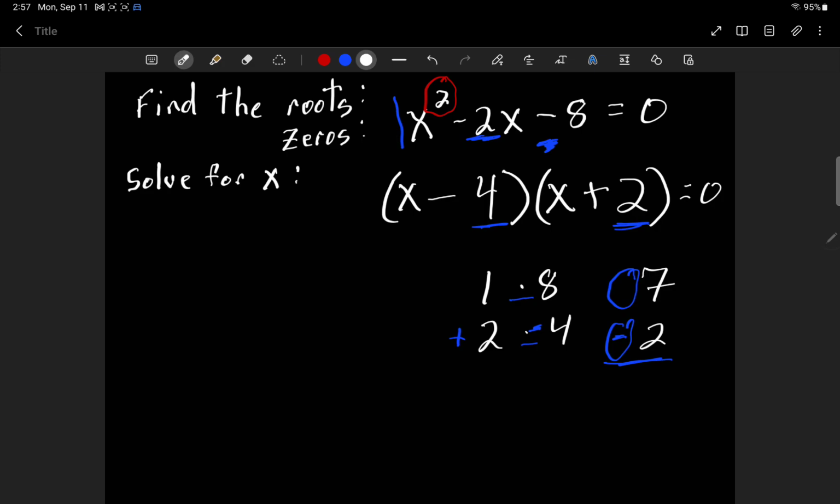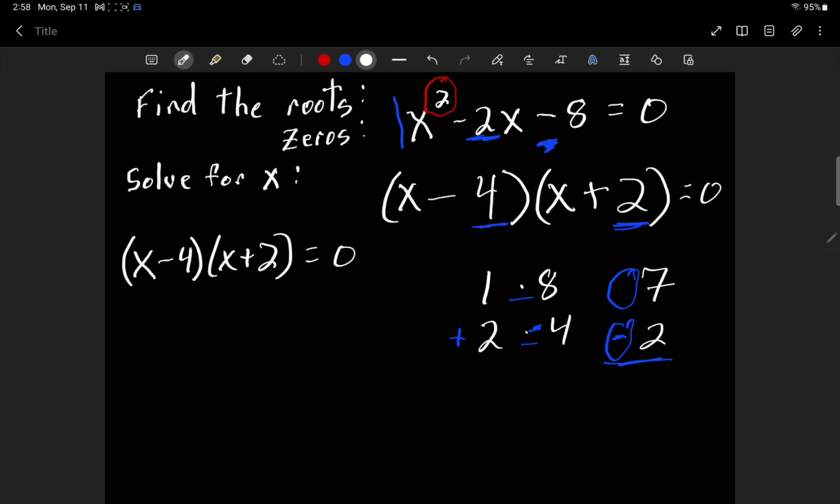Now, that means it's factored, but I haven't actually solved or found the roots or the zeros or solved for x. But I'm most of the way there now. So now I just set up what I got. I have x minus 4 times x plus 2 is equal to 0.